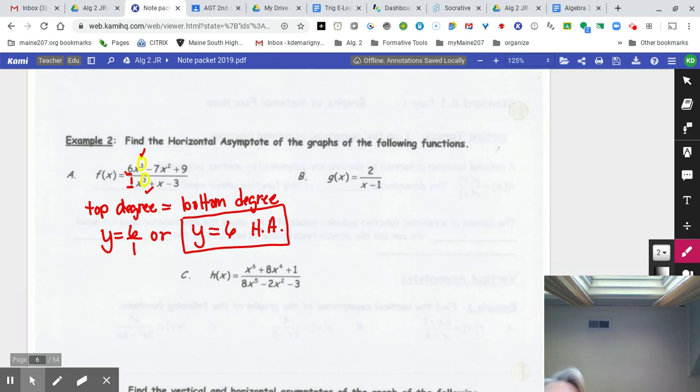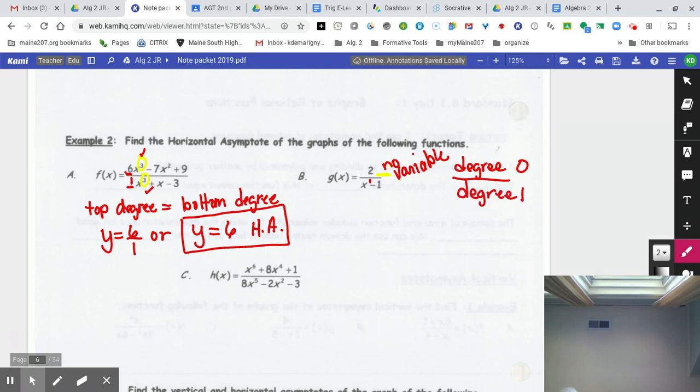So the next one, I'm looking for the degree of the top, and you see this one has no variable. So if there is no variable, then the degree is equal to 0. So my top is degree 0, and my bottom is x to the first, so your bottom is degree 1.